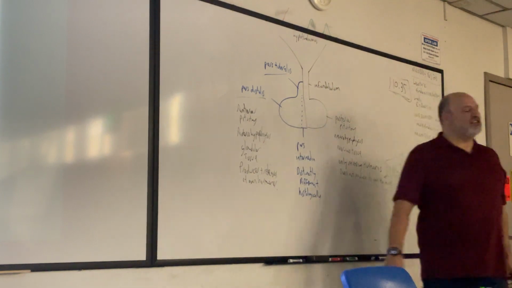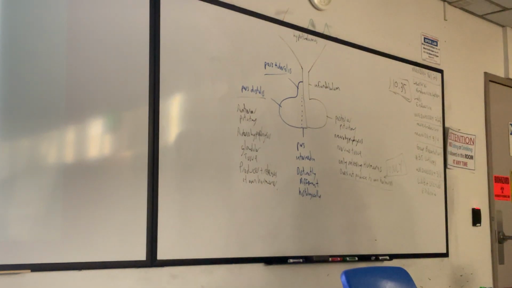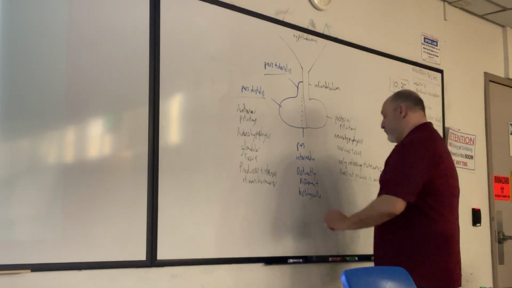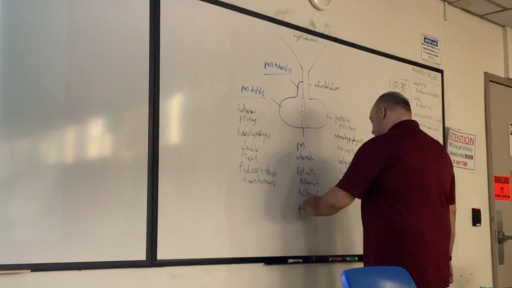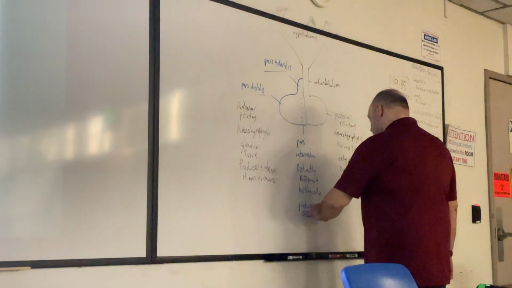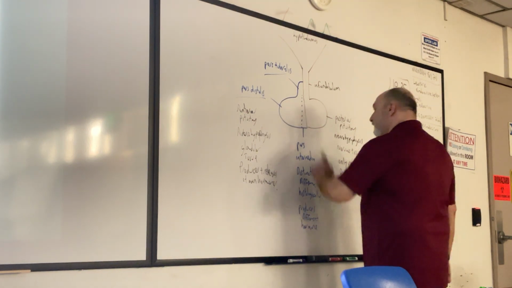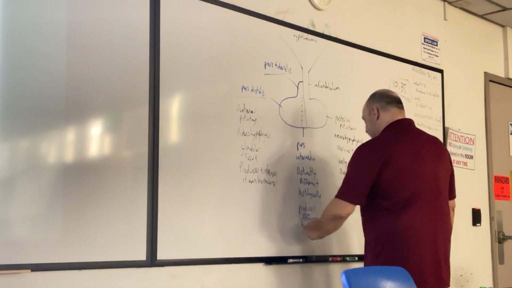It has different shape, different staining tissues, and so not surprisingly produces a different hormone from the rest of the anterior pituitary.